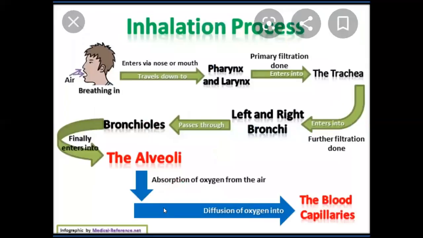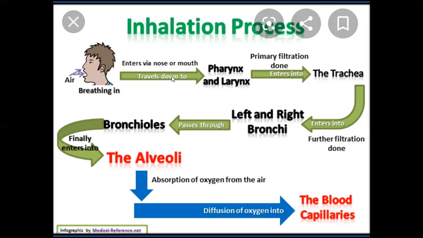Now there is a summary, and I am sure this summary will help you in understanding the respiratory system. You can see air from outside enters our body through the nose and mouth.